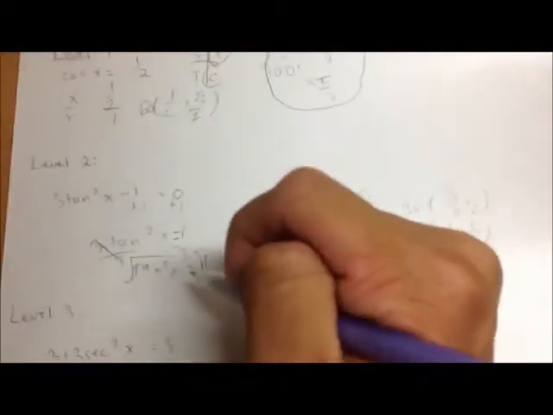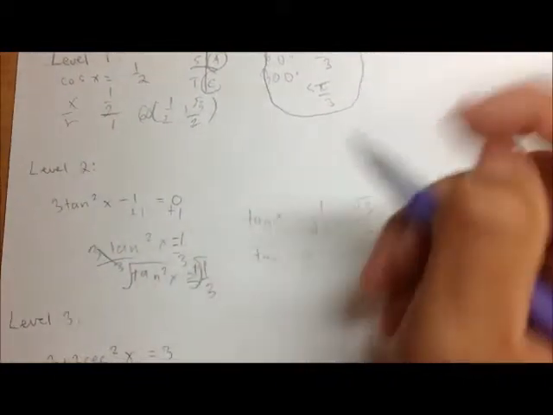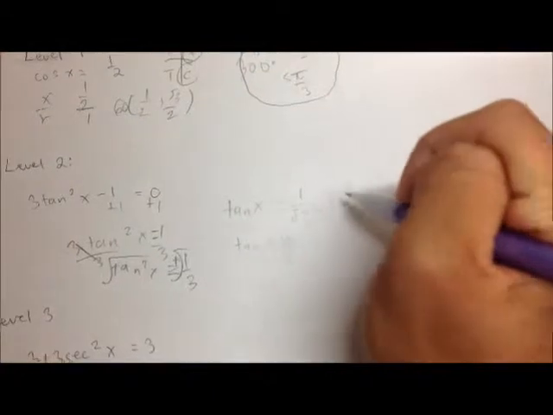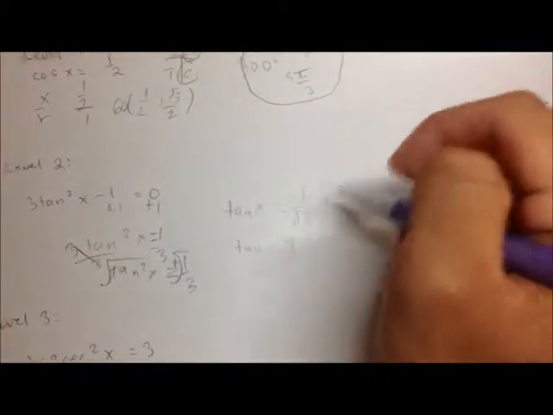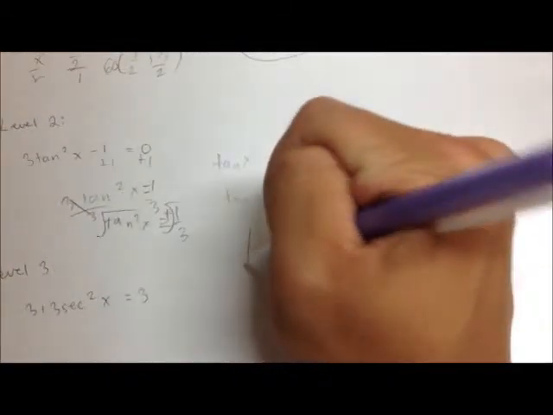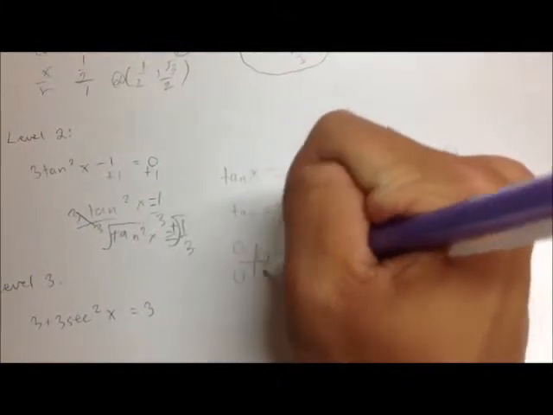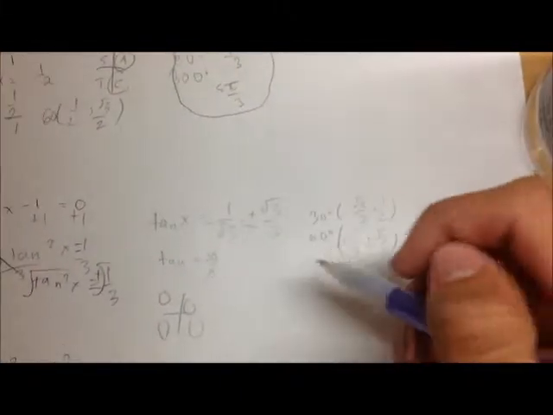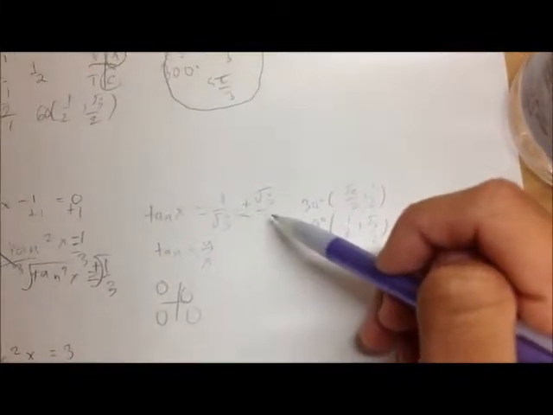Oh yeah, and since we square rooted, it's plus or minus actually. So the answer would be in all 4 quadrants because it's both positive and negative. So which y and x value is going to give us this?